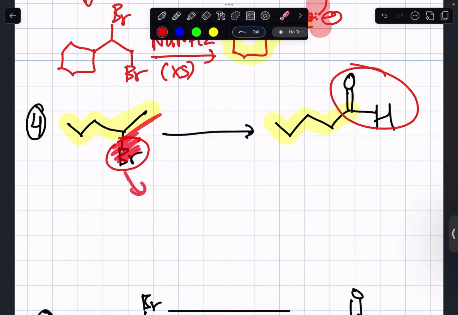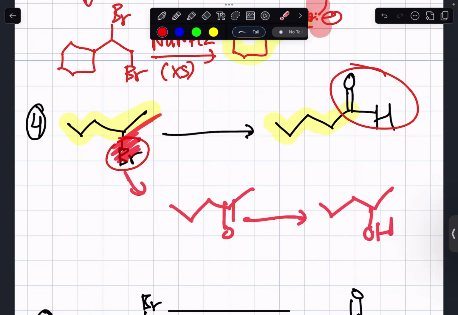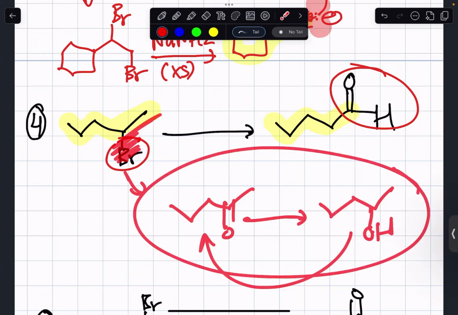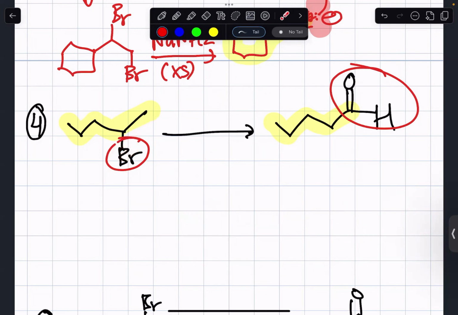And then you do oxymercuration-demercuration, you get that ketone. And when you reduce that with NaBH4, you're going to get this alcohol right here. And then when you PCC it, you're going to go backwards to the carbonyl right there, right? So that is very close to the first reaction, but tautomerization from the alkyne, so that's one way, right?